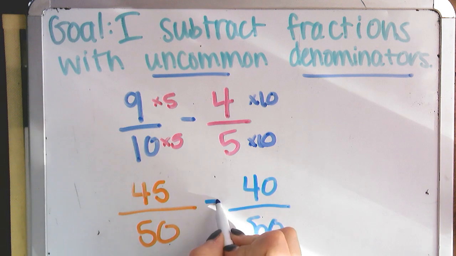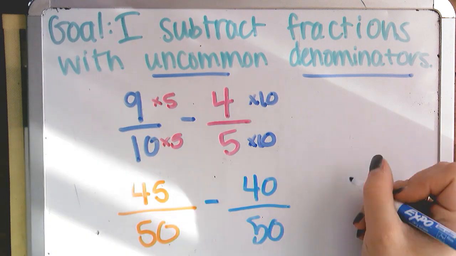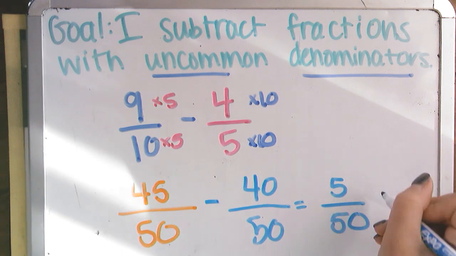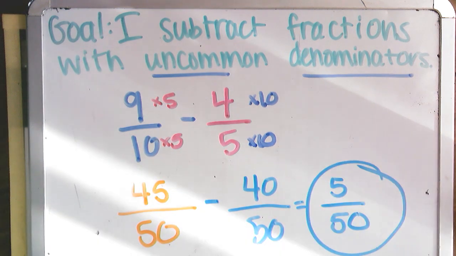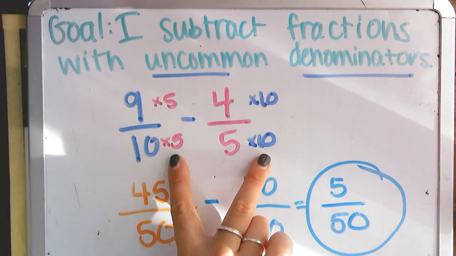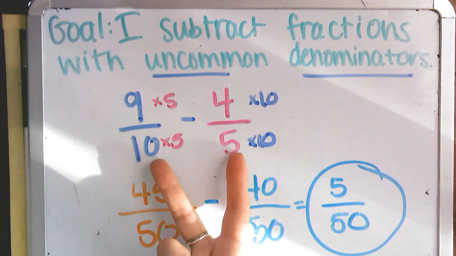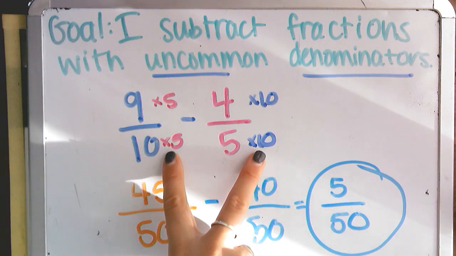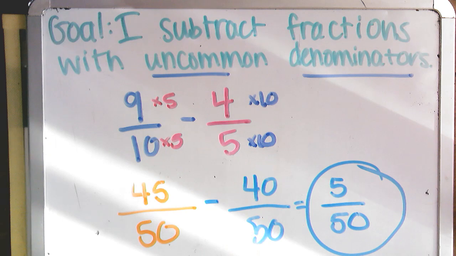Now I can subtract. 45 minus 40 is 5 over 50 because our denominator stays the same. So we multiplied by the opposite denominator to get our common denominator, and whatever you do to the bottom, you must also do to the top.